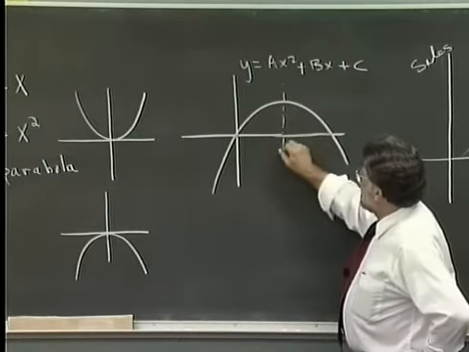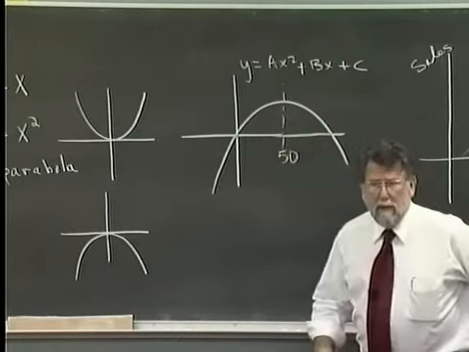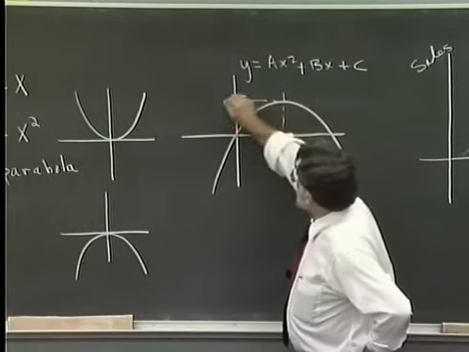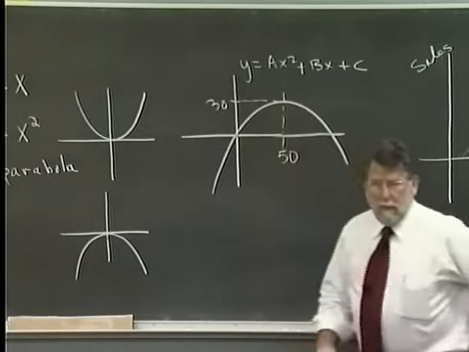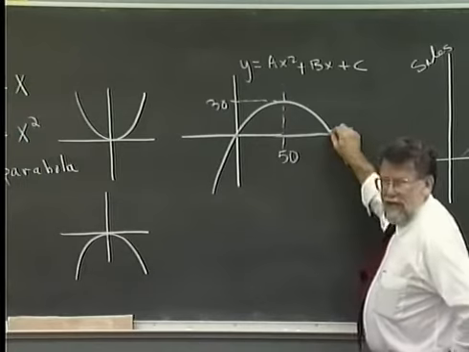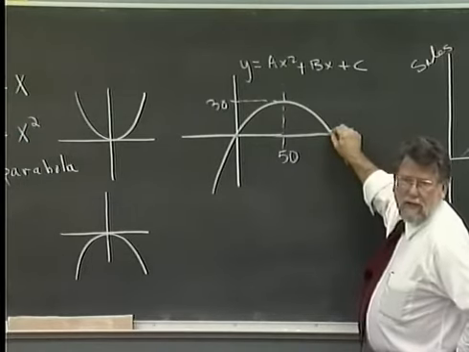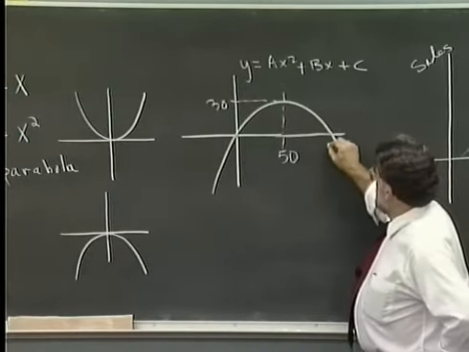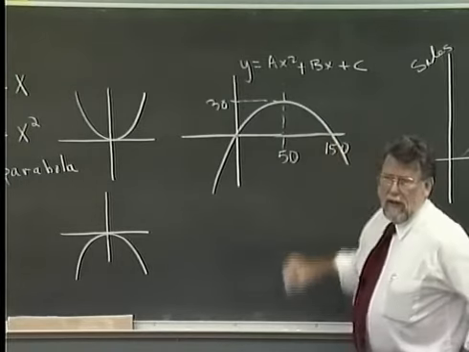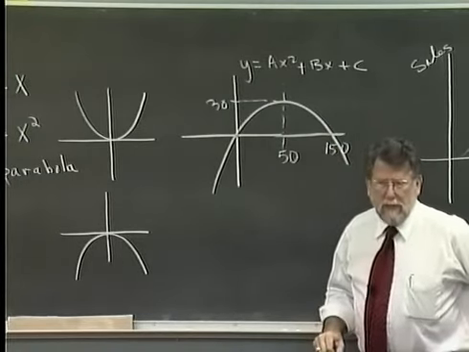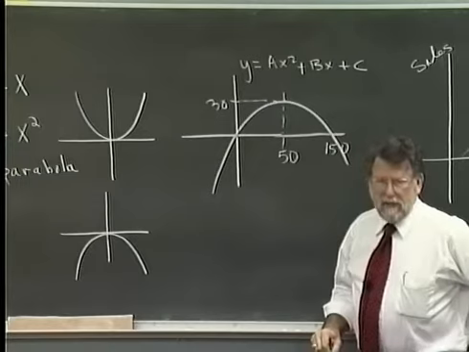Now, this is going to be maybe what happens at 50 miles per hour, and you get the maximum out here at 30 miles per gallon. And then I guess this is where the engine blows up. So you're doing maybe 150 miles per hour in your Civic, and the engine just blew. And so your miles per gallon is down to 0 again.